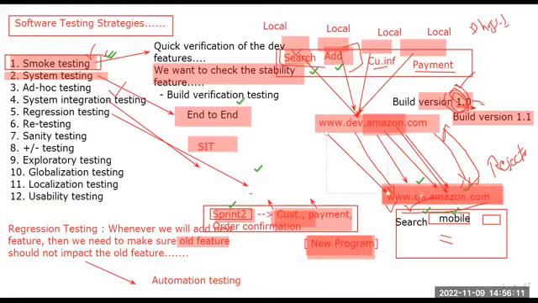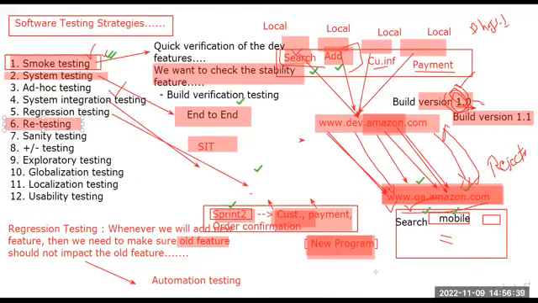Like, the search feature is not working, so we got that defect in QA. So developers will fix it, and after fixing it, they will merge the code into the QA environment. Now as a QA person, as a test engineer, we have to check whether the search feature is fixed or not, whether that issue is resolved or not. So for that, what do we call the testing we are performing? Retesting.